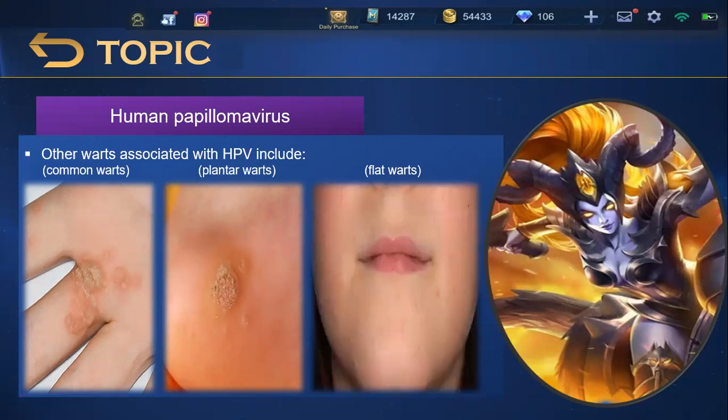Flat warts generally affect children, adolescents, and young adults. They can appear as flat-topped, slightly raised lesions that are darker than normal skin color and most commonly found on the face, neck, or areas that have been scratched.